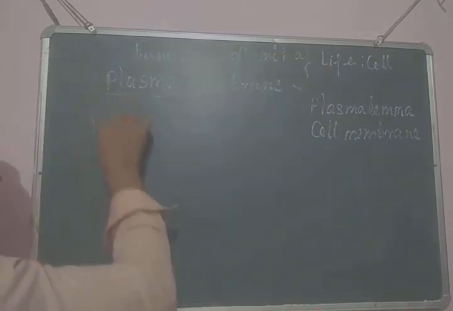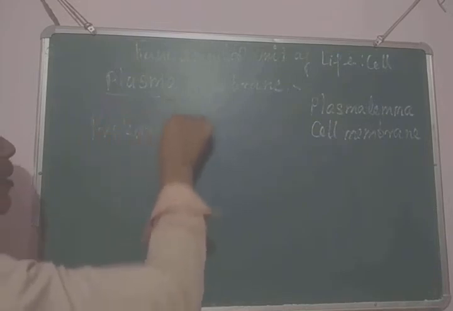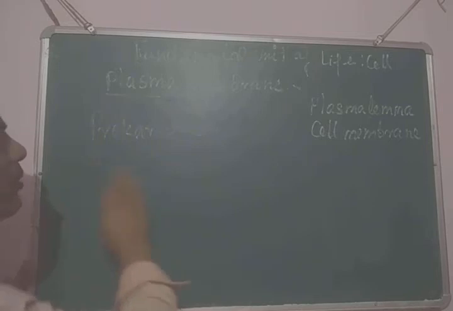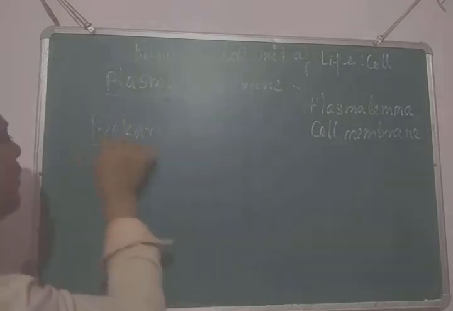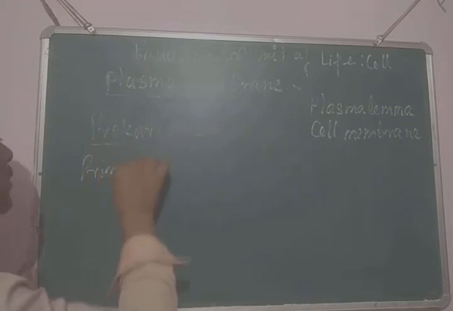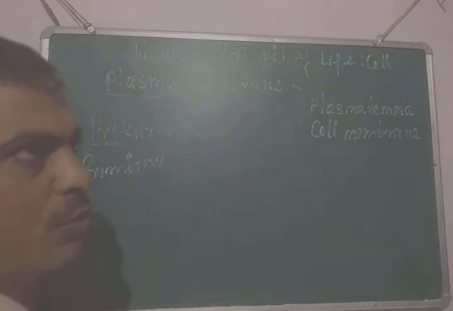I think you know about the prokaryotic cell, the cell that has the primitive type of nucleus. What kind of nucleus is primitive? It is not enclosed in a nuclear membrane.